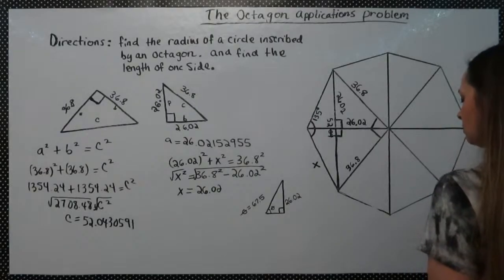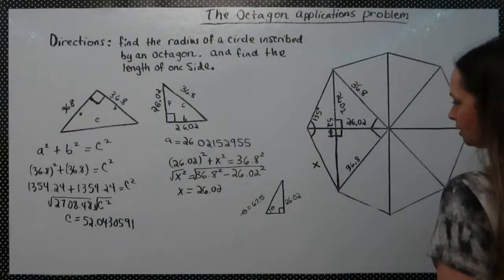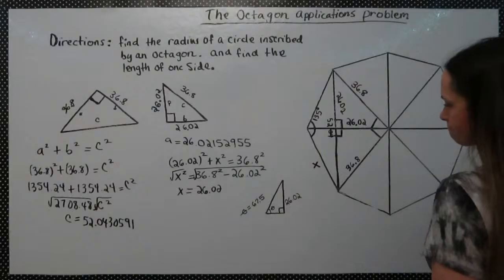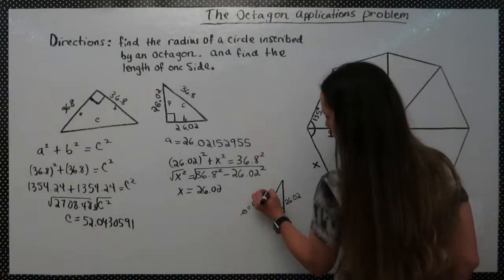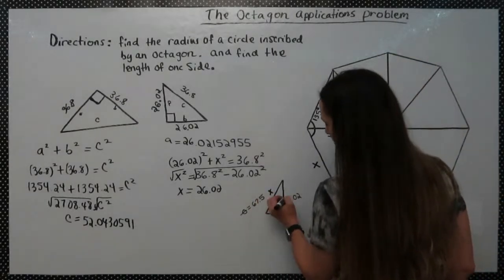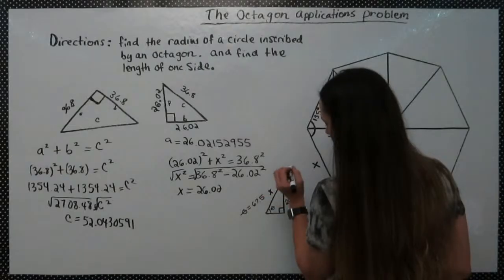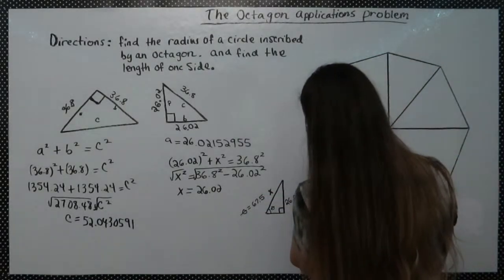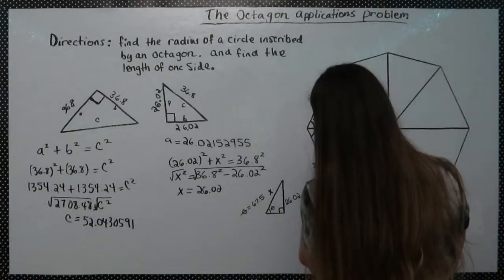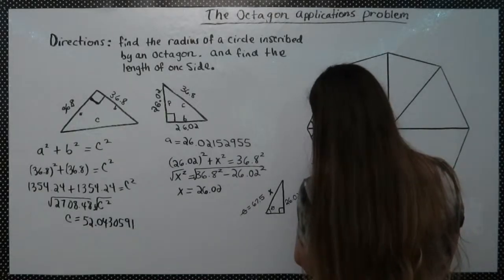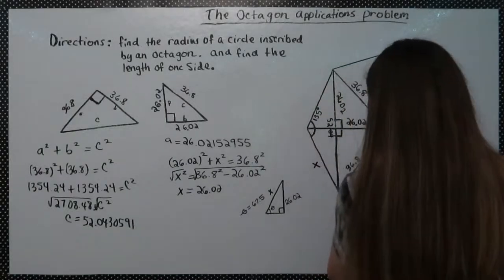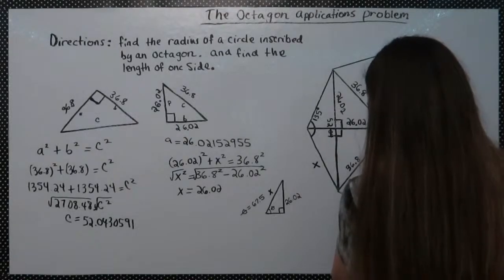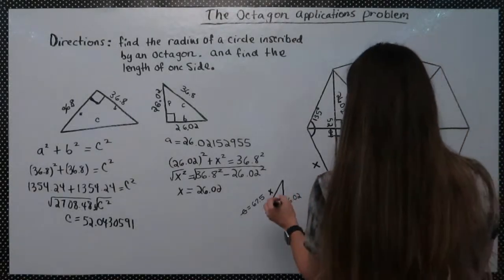So let's see what we can do. I think since we know, yeah, we can use, so we'll say opposite over hypotenuse. Yeah, I guess we can do that. I was just trying to think if there was a better way.